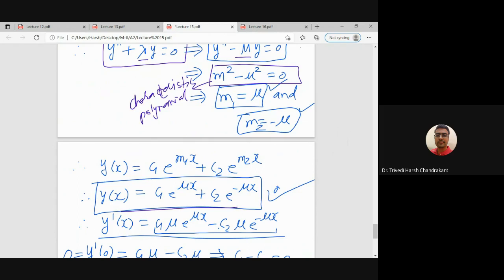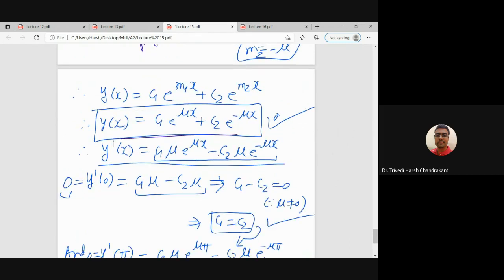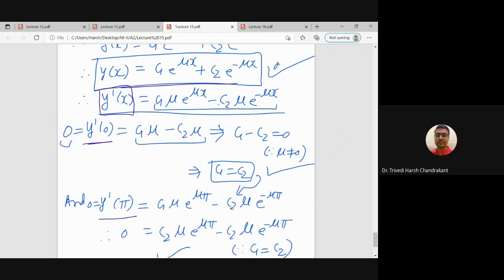And then among the general solution we need to find the solutions which satisfy the boundary condition. So for the boundary condition we need to find the first derivative, and then evaluate it at 0 and pi and equate it to 0. If we take the y dash 0 equals 0 boundary condition, using this equation we get c1 equals c2.